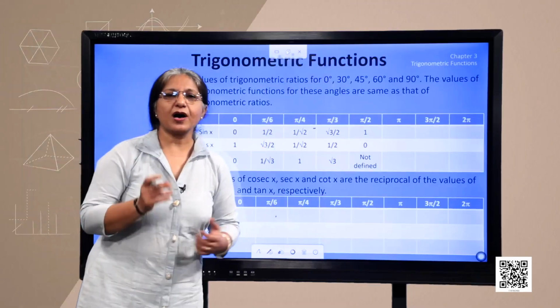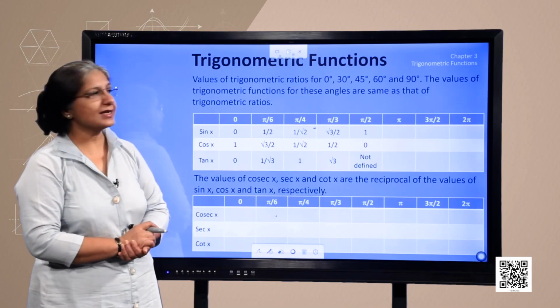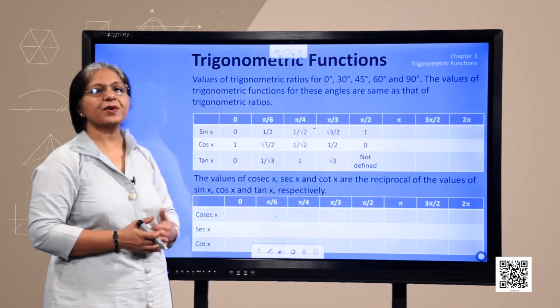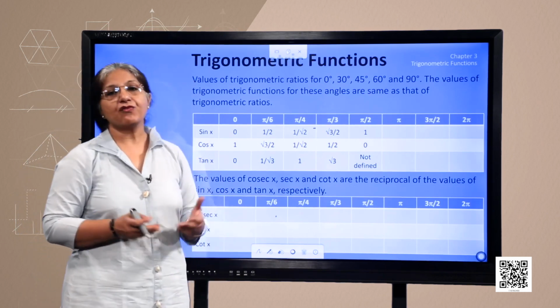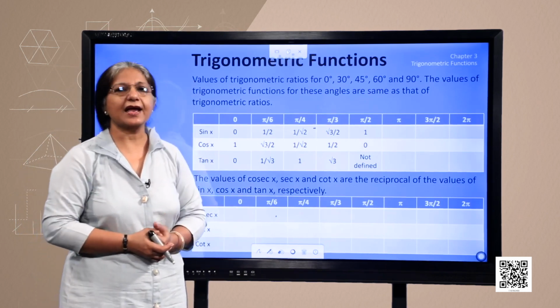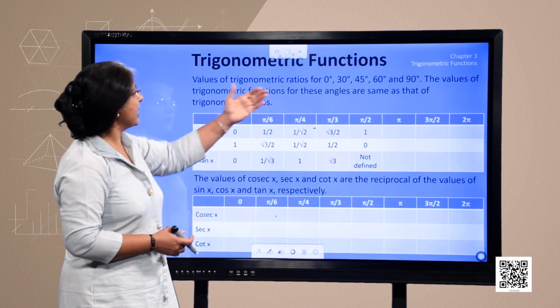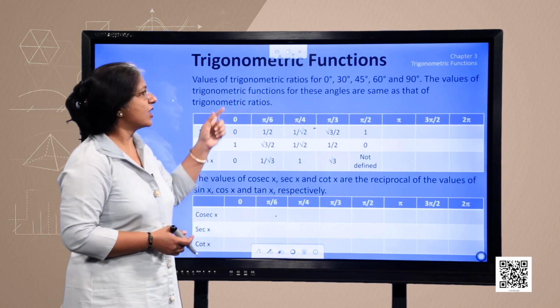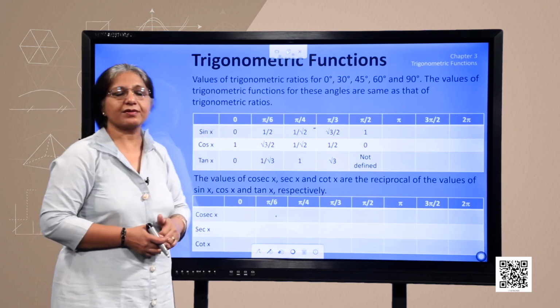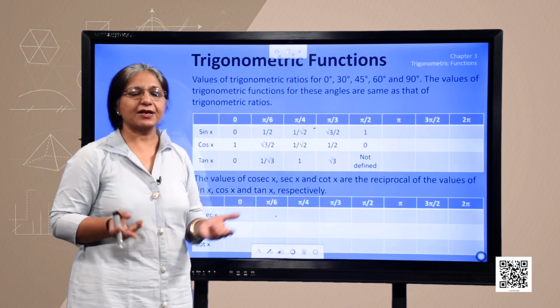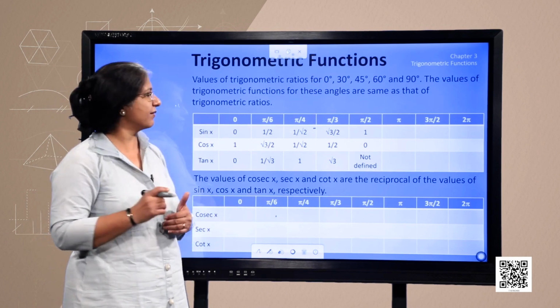So, students, in your earlier classes, you have already studied the values of trigonometric ratios for angles 0 degree, 30 degree, 45 degree, 60 and 90 degree. The values of these trigonometric functions for these angles are same as that of trigonometric ratios. It does not make any difference for functions or ratios.